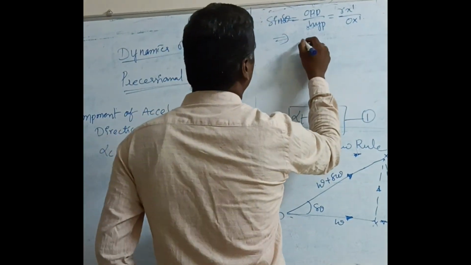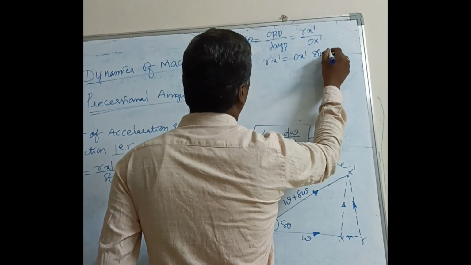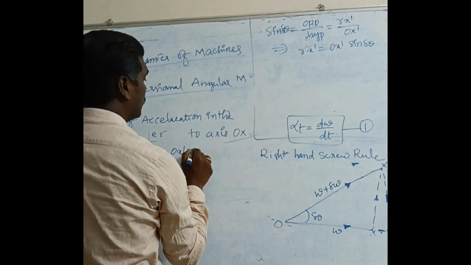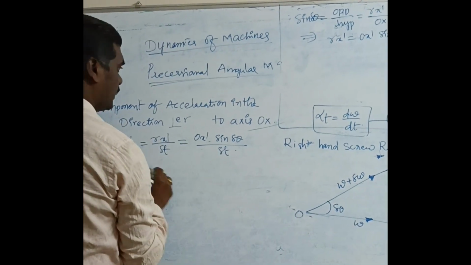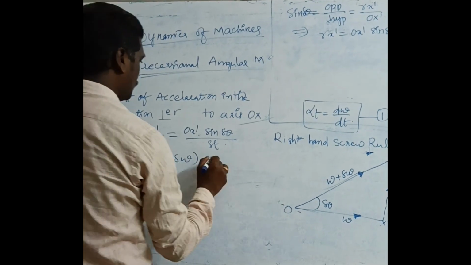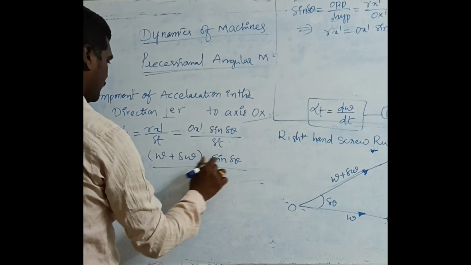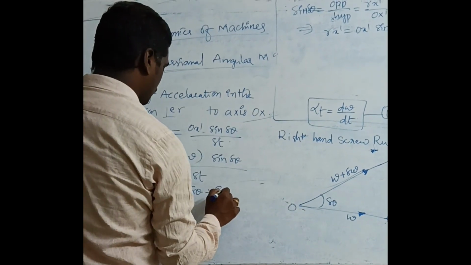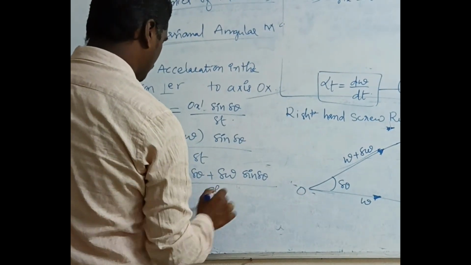So RX dash is equal to OX dash sine delta theta, and divided by delta t. OX dash is omega plus delta omega, so we get omega sine delta theta plus delta omega sine delta theta, by delta t.